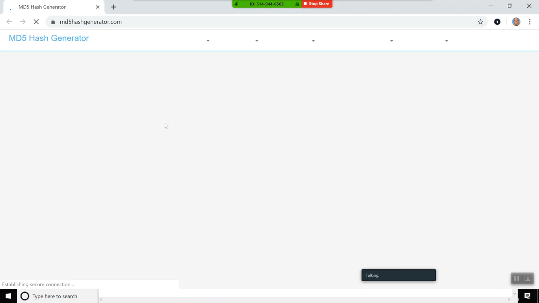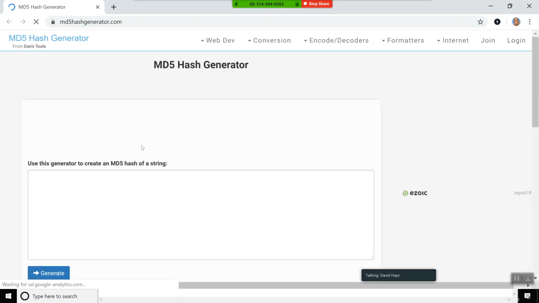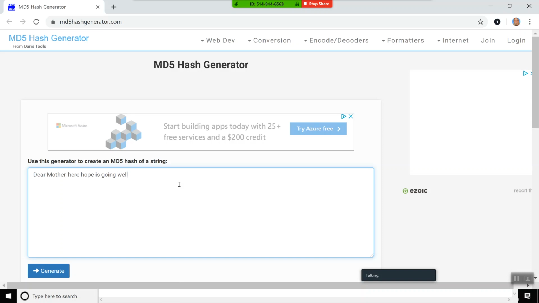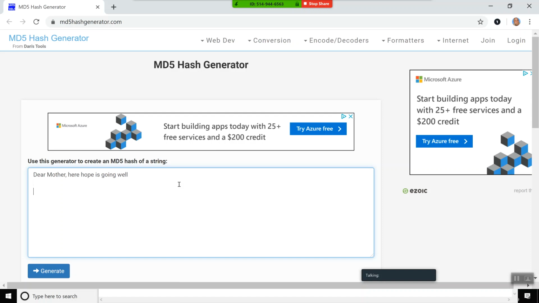Now I'll do this just based upon a string, if it'll let me. Use this generator to create an MD5 hash of a string. Dear mother, hope everything here has gone well. Love, David.